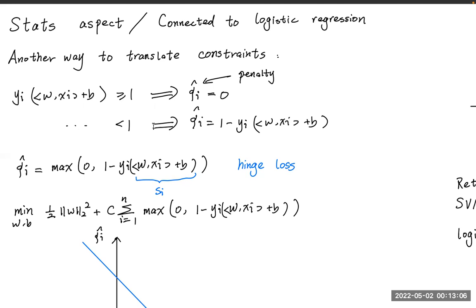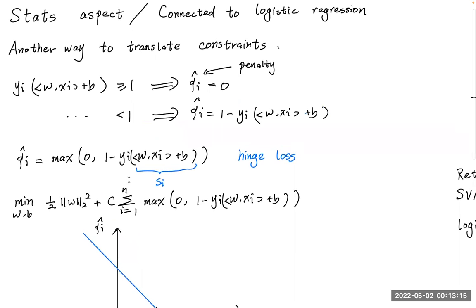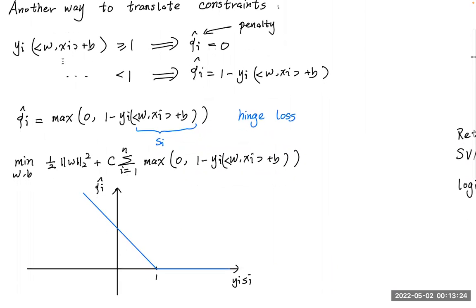For example, if this number is 0.8, it goes beyond the safety boundary. This is 1, it goes here. And then you want to buy some slackness. But what's the minimum amount of money you can pay for the slackness? If this number is 0.8, you only need to pay 0.2, so that is optimal. The smallest psi_i hat is just 1 minus this number. You don't want to pay extra, right?